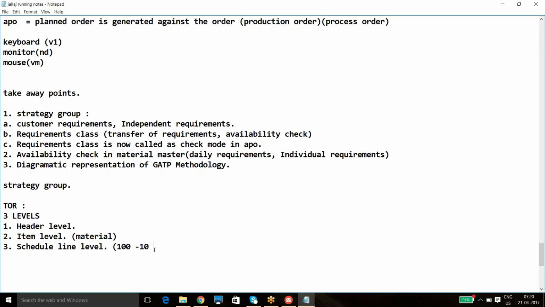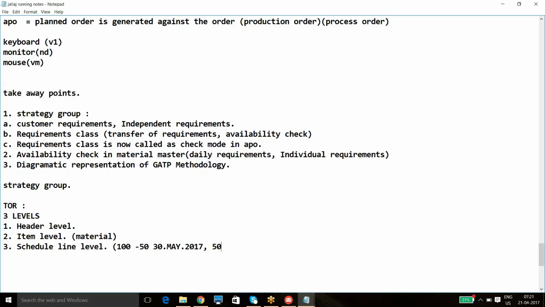Why? Because if it is complete only, then at item level it can capture only one segment. That is how the MID has come. But at schedule line level, you can expect multiple MIDs, because for the same 100 units you may say, Arvind, I can give you 50 on 30th of May, and on 10th of June I can give you the remaining 50.